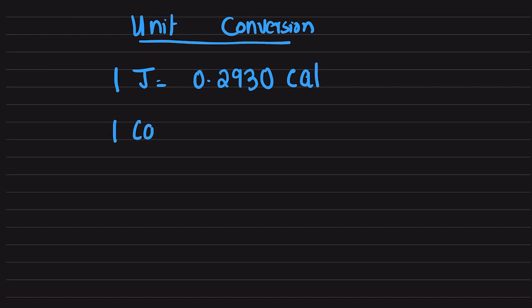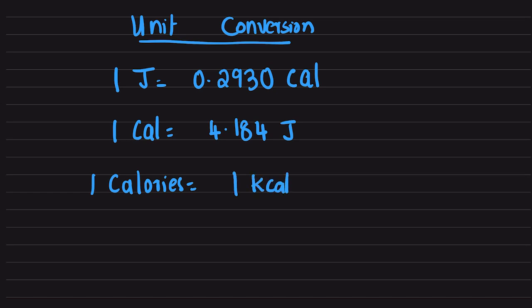1 cal equals 4.184 joule. 1 calorie equals 1 kilocalorie, which is equal to 1000 cal.